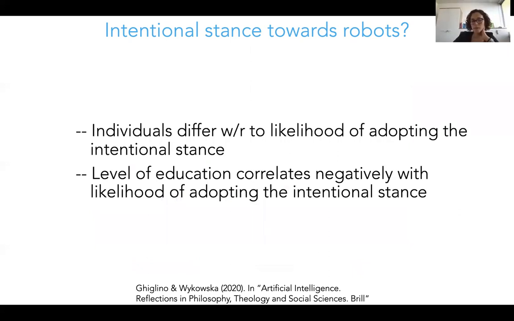A person who is more likely to choose intentional descriptions will stay with those, and then there are those who will choose mechanistic descriptions. Another observation was that level of education correlates negatively with the likelihood of choosing mentalistic descriptions. The higher educated you are, the more likely you will choose mechanistic descriptions.